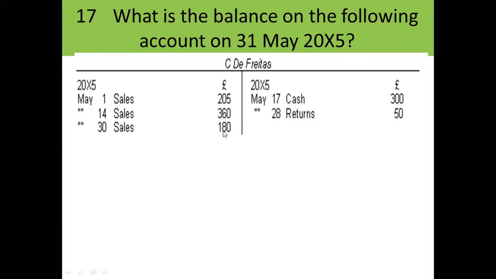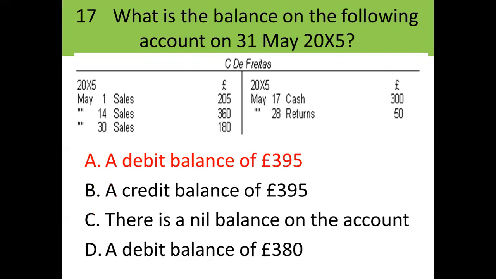When we add them, 360 plus 205 plus 180 is equal to 745. And we less the credit side, 350, because we have the shortage in the credit balance. The balance is 395 as a debit balance. I have a debit balance of 395, as I have told you.